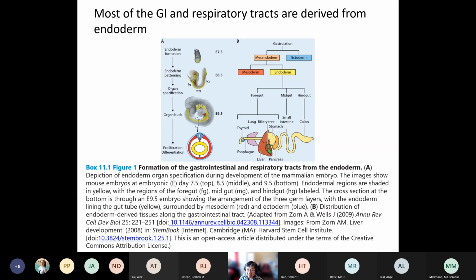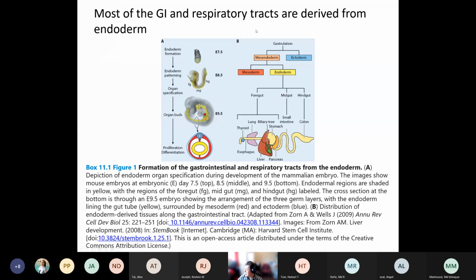So mesendoderm is the common progenitor of mesoderm and endoderm. In other words, mesoderm and endoderm are more closely associated with each other. So the ectoderm will branch out first, while the other 2 germ layers will branch out a little bit later.